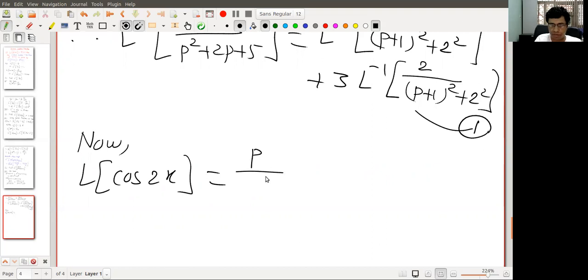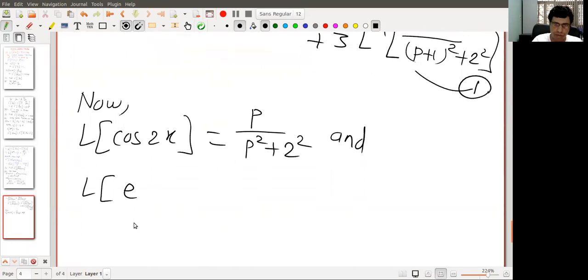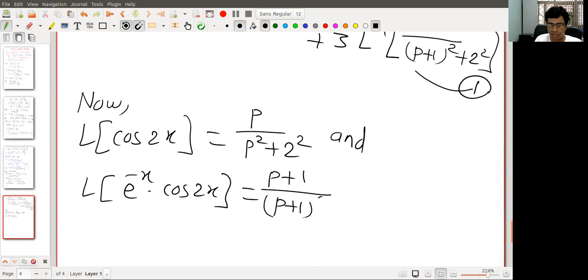So it is p divided by p square plus 2 square, and the change of scale property gives L of e raised to minus x into cos of 2x equals, whenever we find p, we replace it by p plus 1. Okay, here it is minus 1, we write plus 1. So p plus 1 divided by p plus 1 square plus 2 square. Okay, this is change of scale.